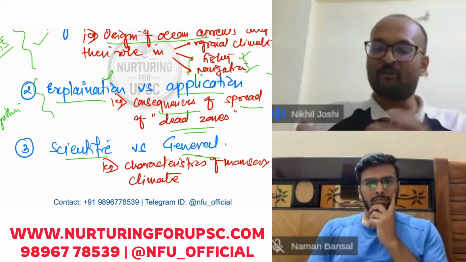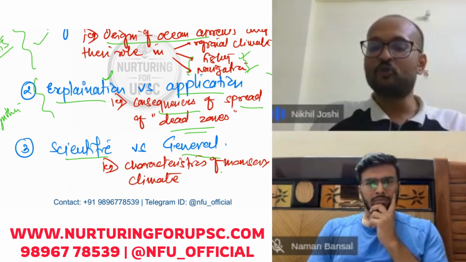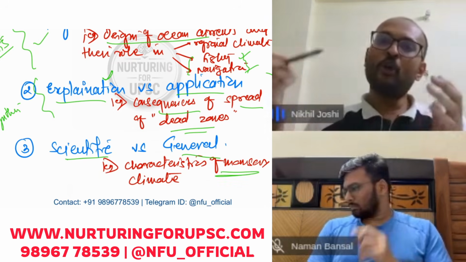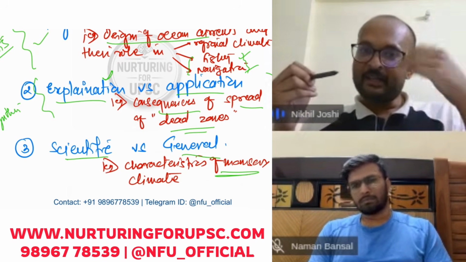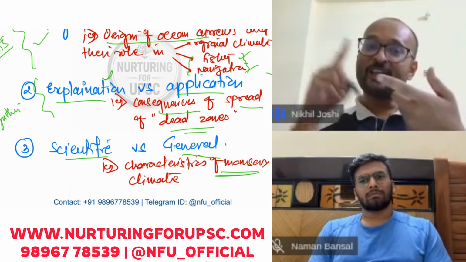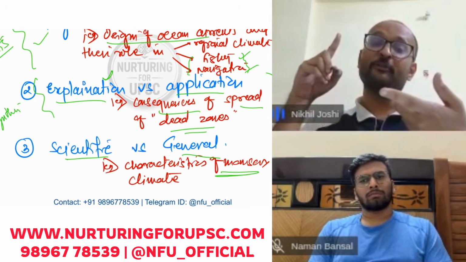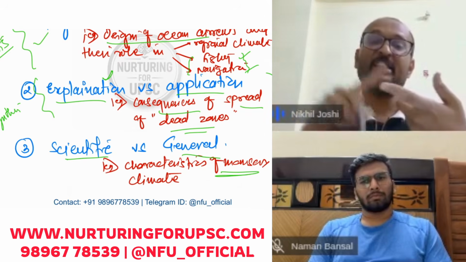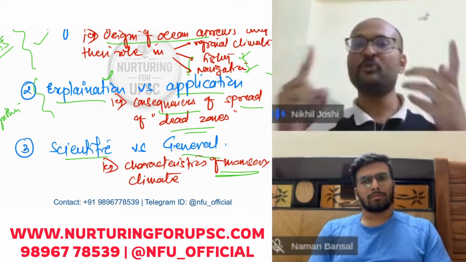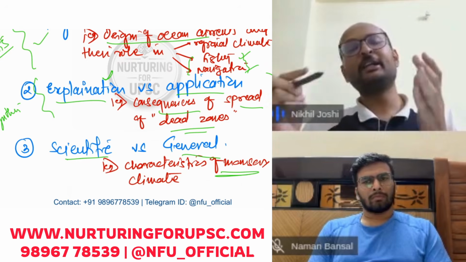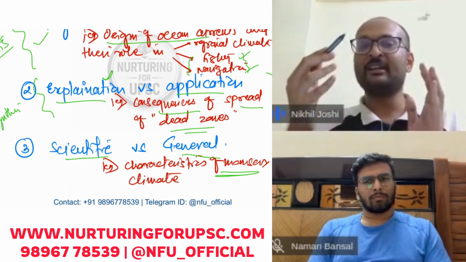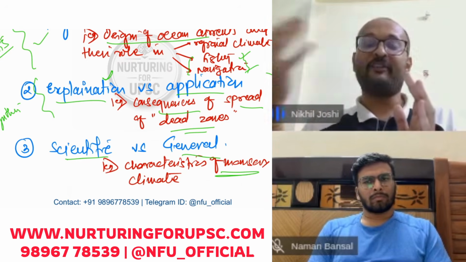Similarly, there is this question of characteristics of monsoon climate. You can go on talking about the monsoonal climate, but the characteristics of monsoonal climate also need to be covered in terms of its culture, its importance for financial status, agriculture, etc. You cannot explain the characteristics of monsoon unless you give a deliberate and conscious explanation of all these factors.